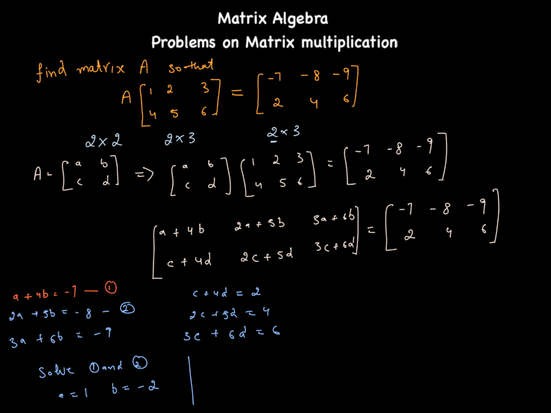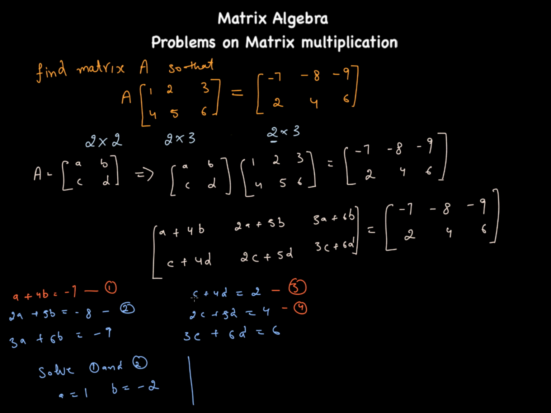Okay, so we did that. Then we're going to solve the other two, which will give us c and d. Let's say this is 3 and this is 4. If we solve these two, it will give us c and d.